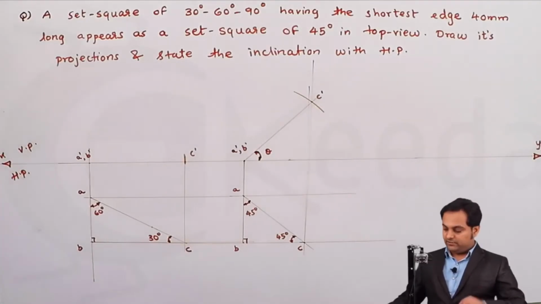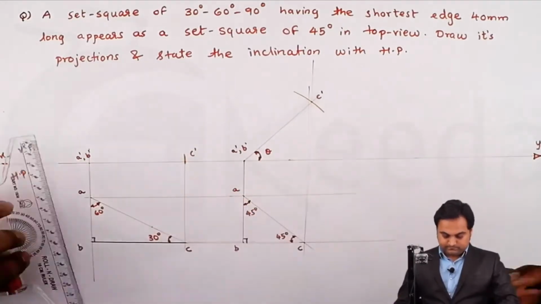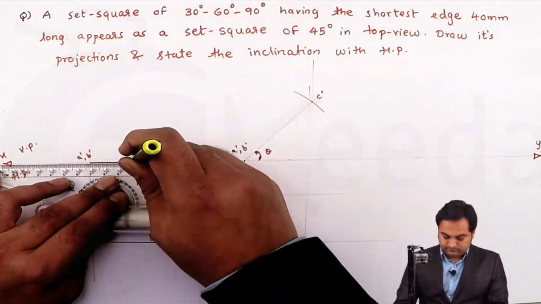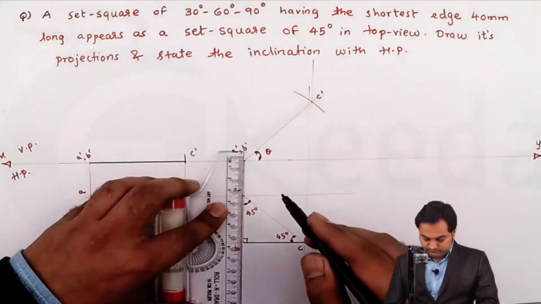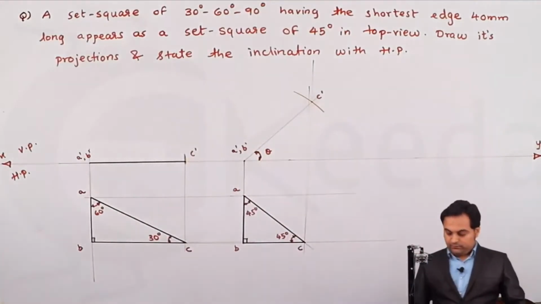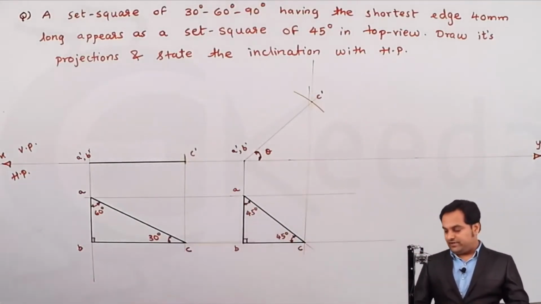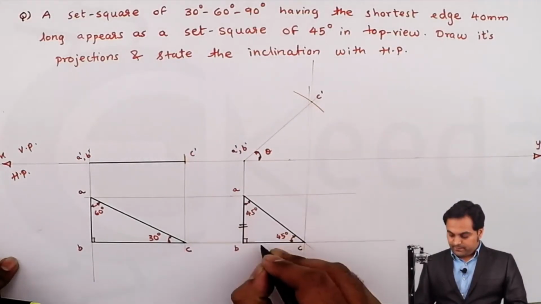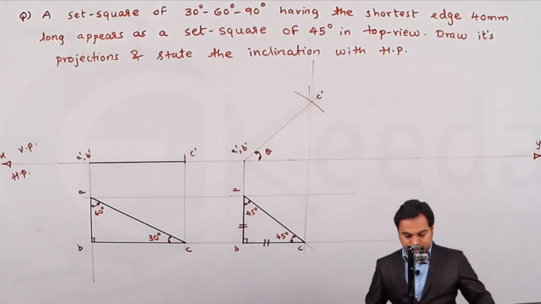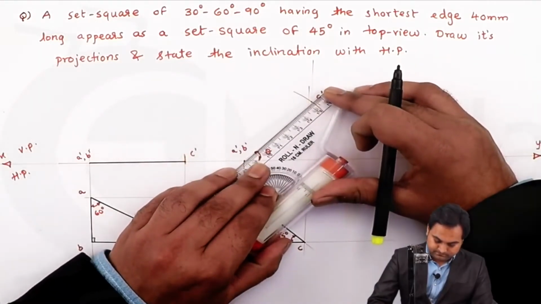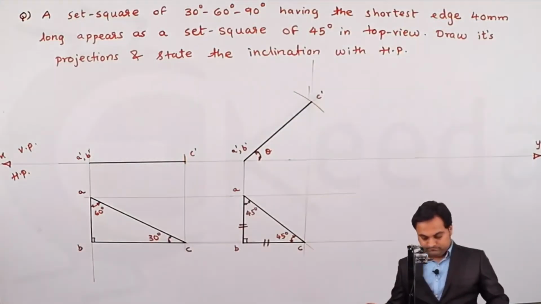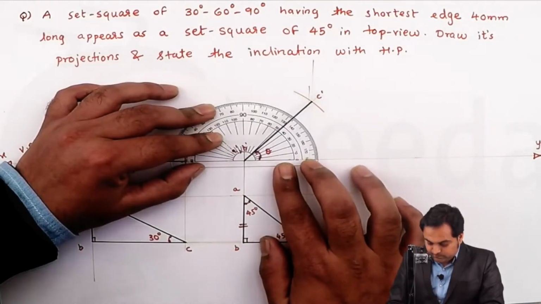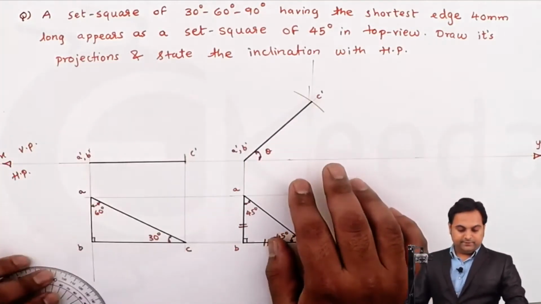Next I'll make it dark. So here it has become an isosceles triangle. AB is equal to BC. I'll find this inclination, 54 degree.